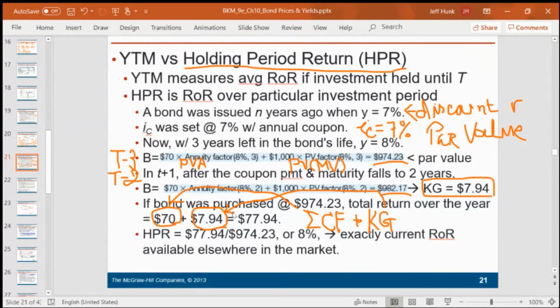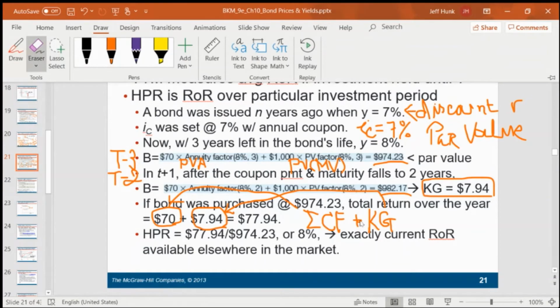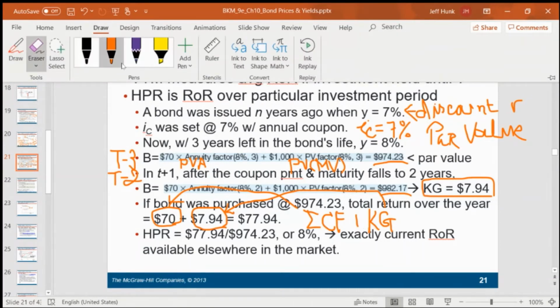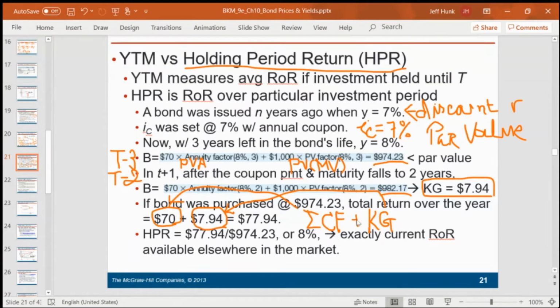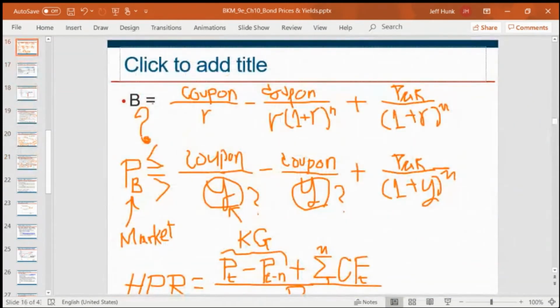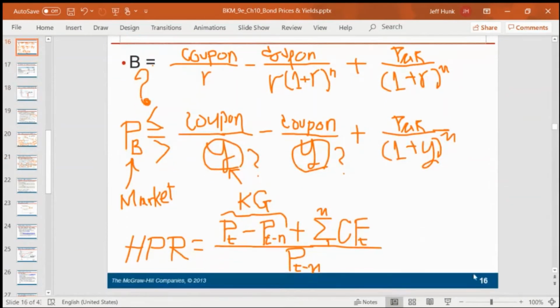Okay, so you see this is the numerator in this formula, just for 1 year.